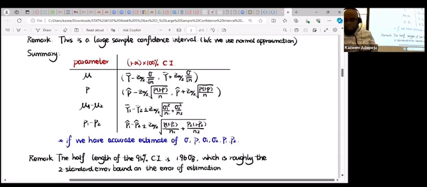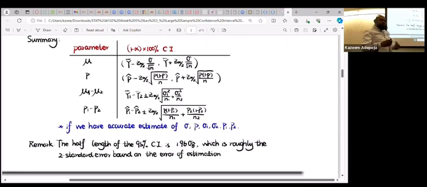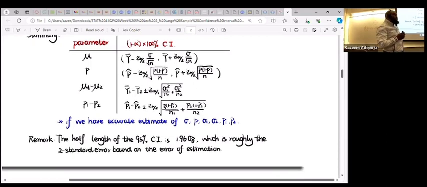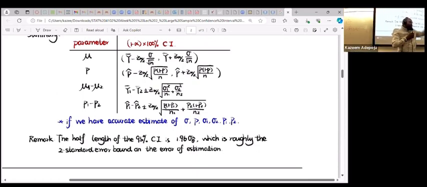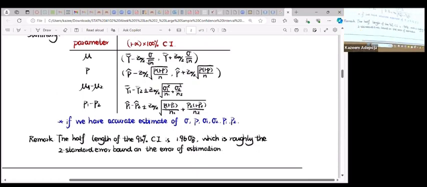Now, let me tell you this. I want us to try something. If the level of confidence is 95%, which means 1 minus alpha is 95%, alpha will be 5%, right? If you plug in 0.05 for alpha and you check in the Z table, that will give you 1.96.